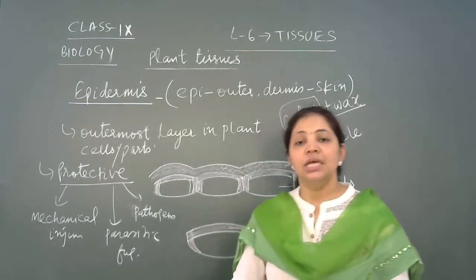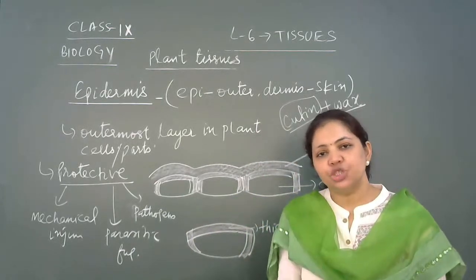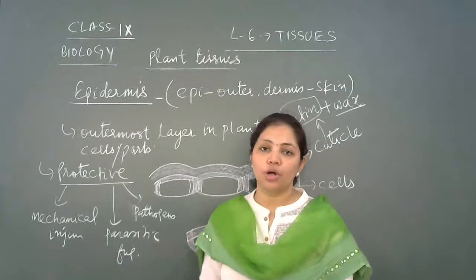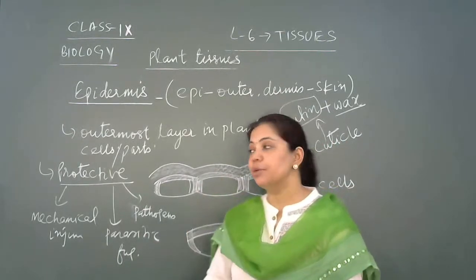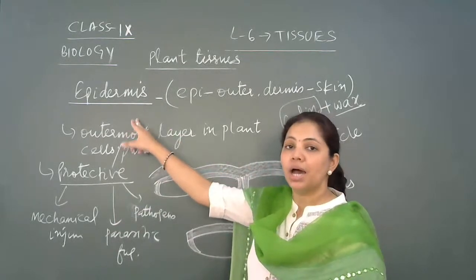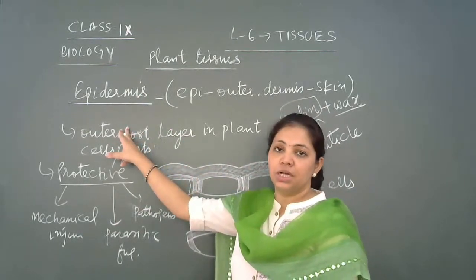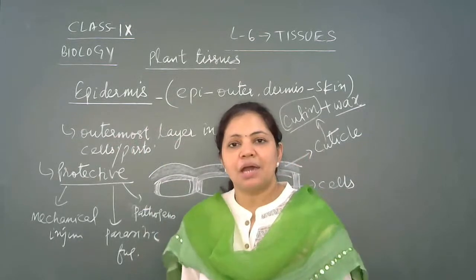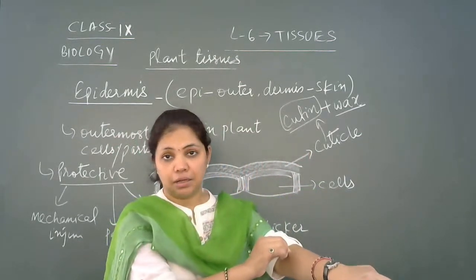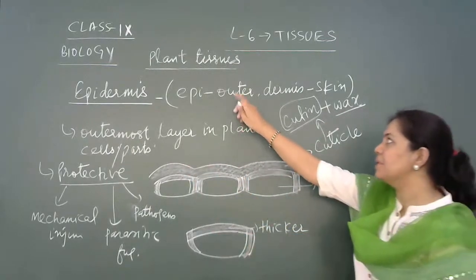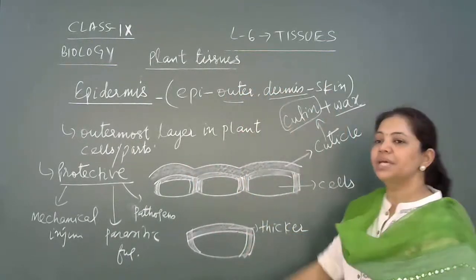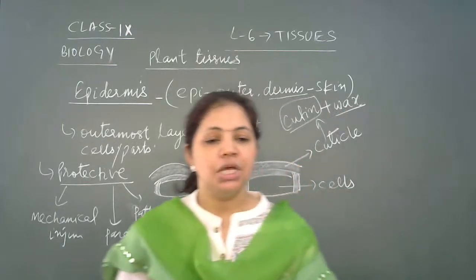So basically it is the protective tissue found in the plant's body. And do remember, the outermost layer in the plant body is formed by epidermis. हमारी बॉडी में भी जो सबसे बाहर हमें नजर आता है क्या है, हमारी स्किन है, राइट? That's why the term, meaning I told you, epi means outer, dermis means skin, right?